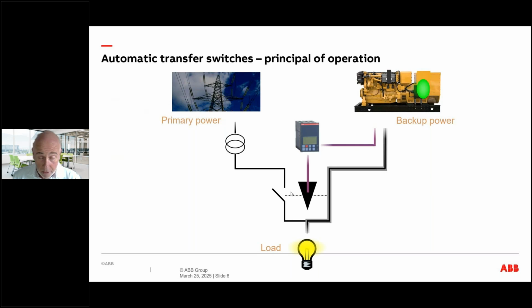We go into the controller a little bit further on, but once the DNO has restored the power, the controller is programmed to sense that. Once the controller is happy, it manages the reverse switching sequence. We disconnect the backup power from the generator and reinstate the primary supply to the facility.